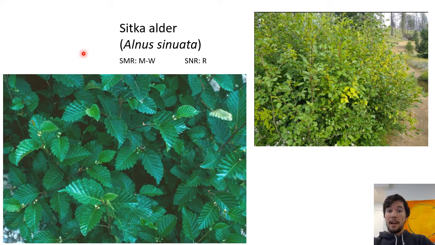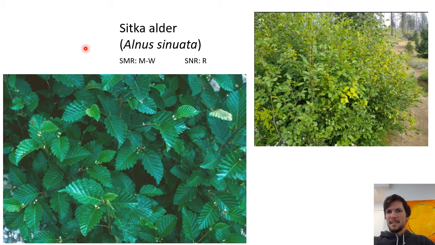The reason for that is because they form these symbiotic associations with lots of little nitrogen-fixing bacteria in their roots. In these little root nodules, there's little bacteria that live that will actually fix atmospheric nitrogen into the soil. So from an ecological perspective, alders are super, super important for soil nutrients in the Pacific Northwest, wherever they're found.